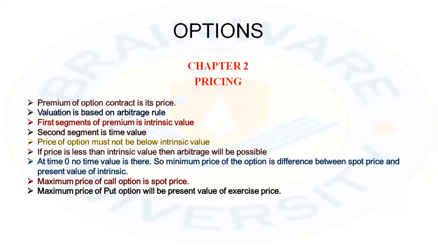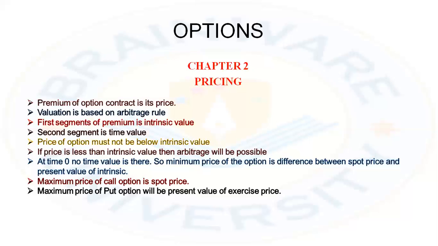Usually, the premium of the option consists of two parts. First one is called the intrinsic value, and with that, the time value is added to get the premium. This time value gradually reduces as the option comes towards maturity. So on maturity, time value can be zero.